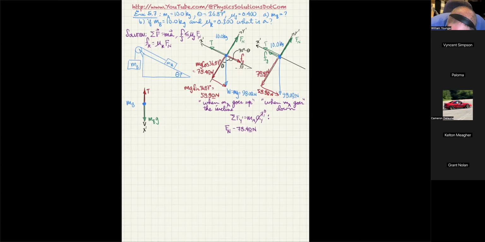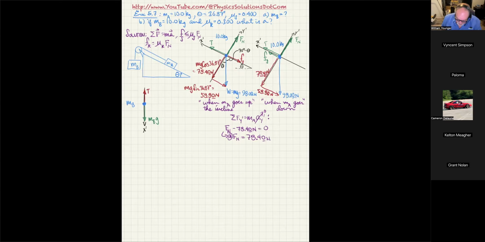We set all that equal to 0, and that gives us that the normal force is equal to 78.40 newtons. I'm going to put an asterisk by it, because I'm going to use it, and I don't want to put a number on it because I'm using the numbers for the equations.